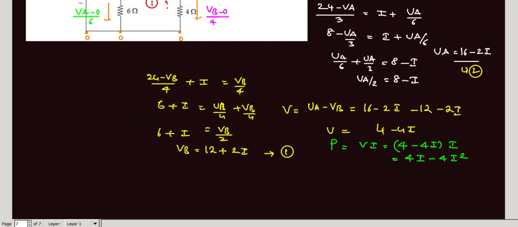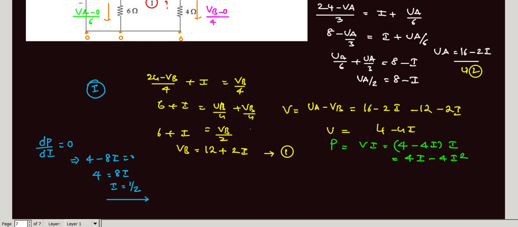So the power is a function of I, and for maximum power, dP by dI equals 0. Differentiating, 4 minus 8I equals 0, so 4 equals 8I, I equals half. So this is the optimum value for receiving maximum power. The question can also ask what is the value of I such that it receives maximum power.